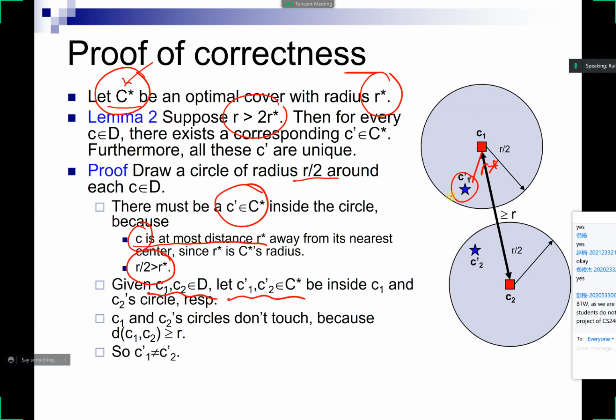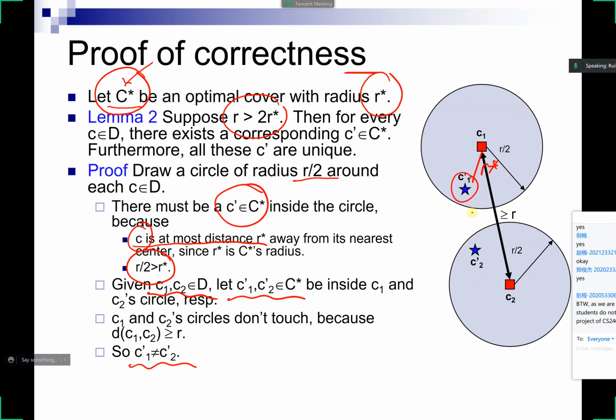And so that means that because these optimal centers are sitting strictly within these circles, each of these optimal centers is different from each other. So for example, you could not have C1 prime correspond to both C1 and C2, because C1 prime strictly lies within the C1 circle, and the C1 circle does not intersect the C2 circle, except possibly at one point. Does that make sense?